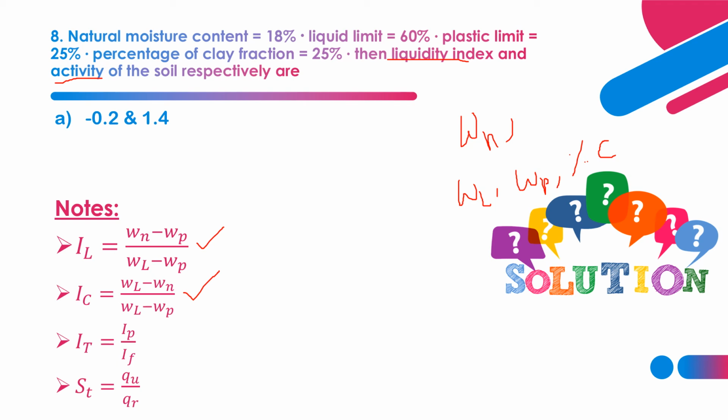IT is the toughness index. It is the ratio of plasticity index to the flow index. St is the sensitivity. It is the ratio of strength of undisturbed soil to the remolded soil. Now let's move on to the ninth question.